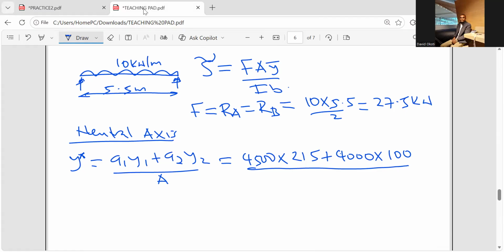A1 is 4500, A2 is 4000. That gives us 8500. Now if we punch on our calculator, it gives us a value of 160.88 millimeter.